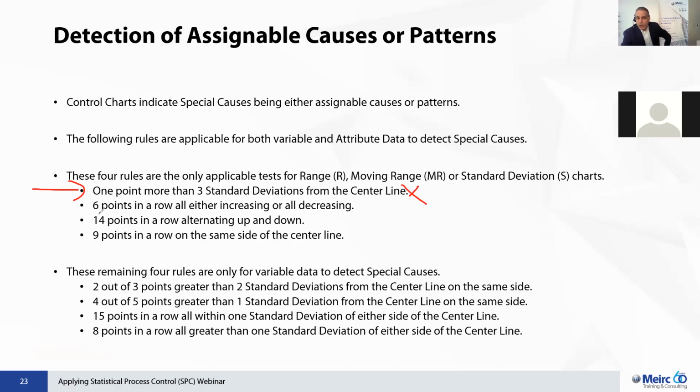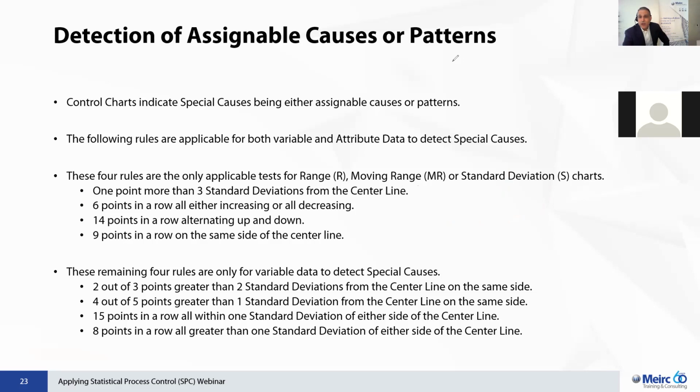There are also, if you see 6 points in your chart in a row, decreasing or increasing, going up or down, that might trigger also a question mark why my process is not exhibiting that random variation. Something is happening, something is developing, and I might take the time to go and ask why my process is maybe shifting or trending in that way.